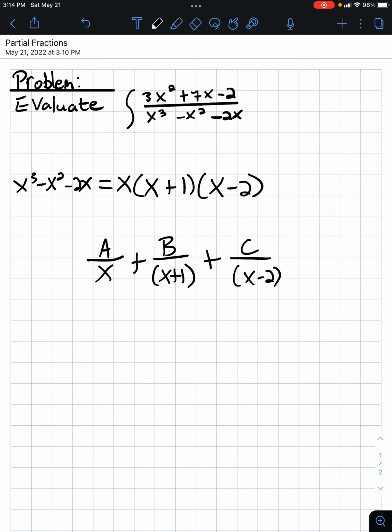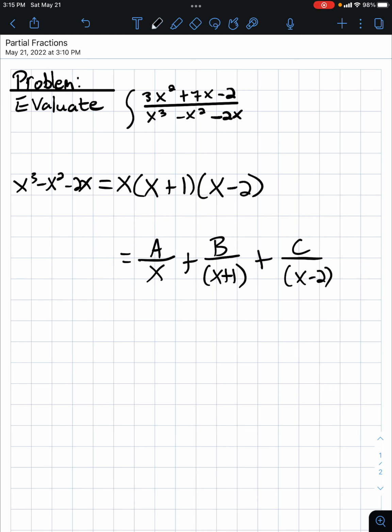Now the next step is to eliminate the denominator. How are we going to do that? We need to multiply both sides of the equation by x times (x + 1) times (x − 2), so essentially just the denominators.